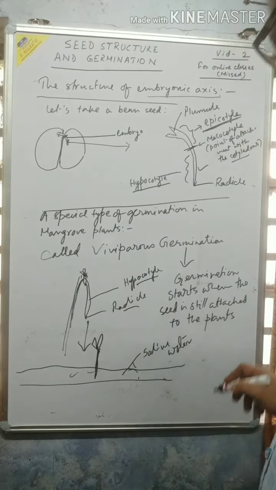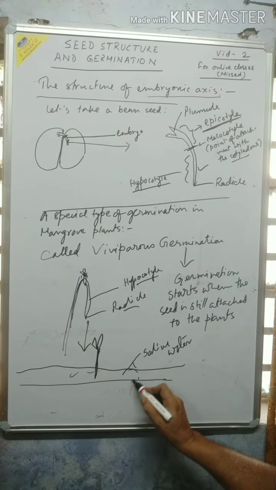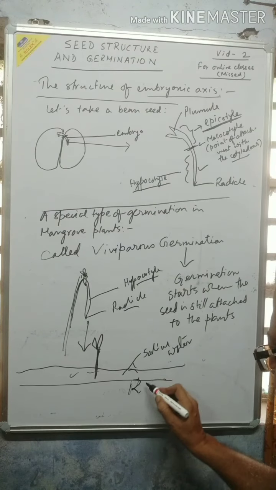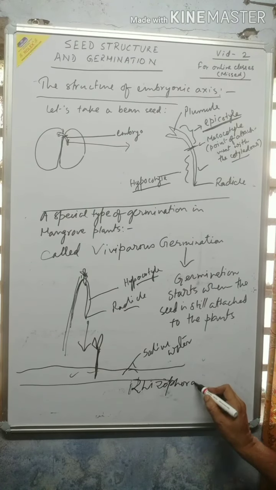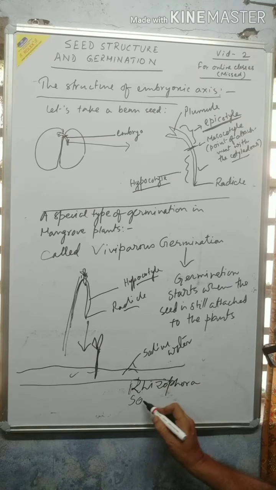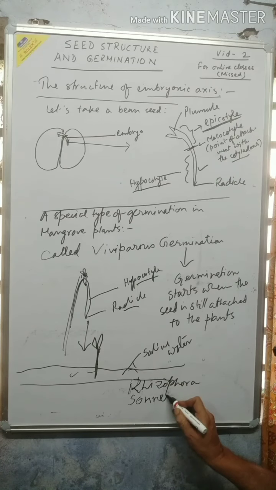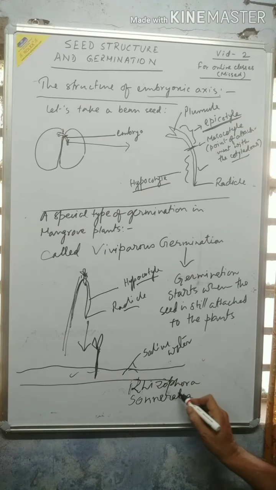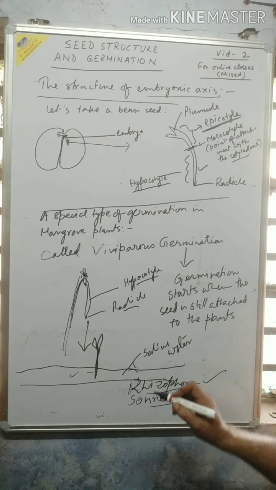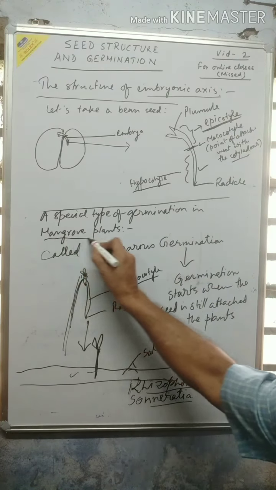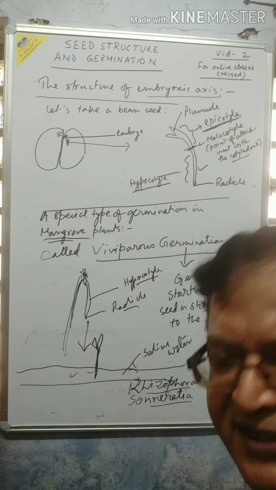And this is found in plants like Rhizophora, Sonneratia, these types of mangrove plants, where viviparous germination takes place.